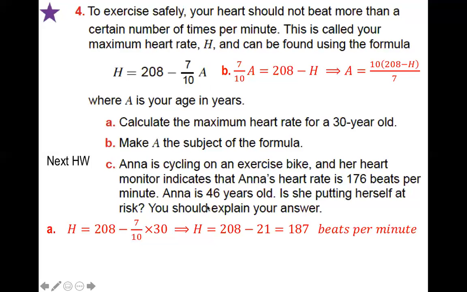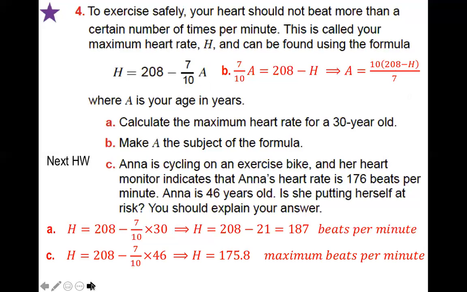So if she's 46, the first thing we will do is replace A with 46, or we can replace H with 176 and see what is the maximum age that someone at that rate would be. Or you can put the heart rate here.